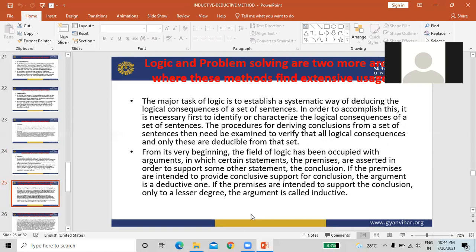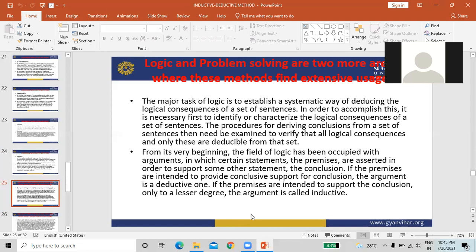From its very beginning, the field of logic has been occupied with the argument, in which certain statements, the premises, are asserted in order to support some other statement, the conclusion.